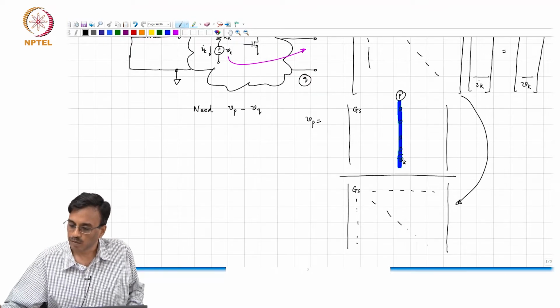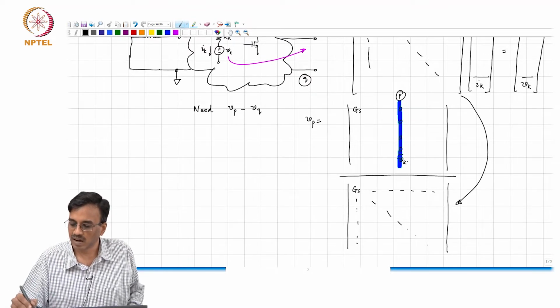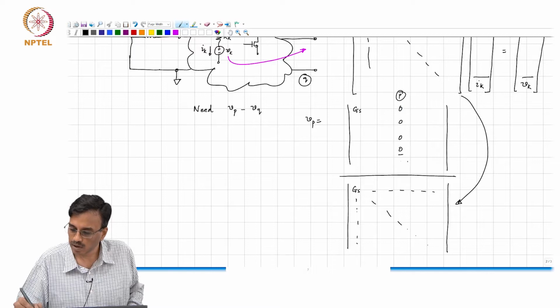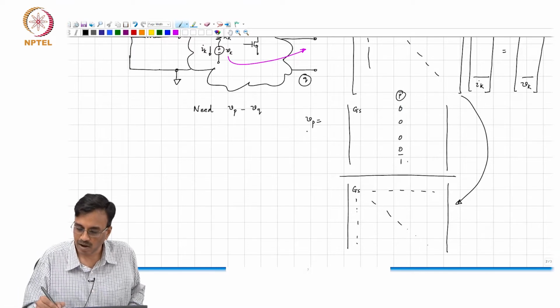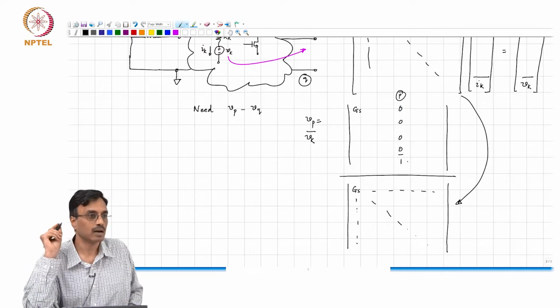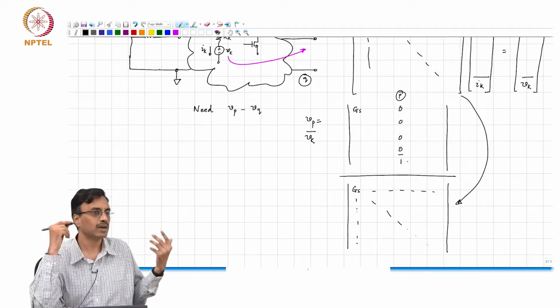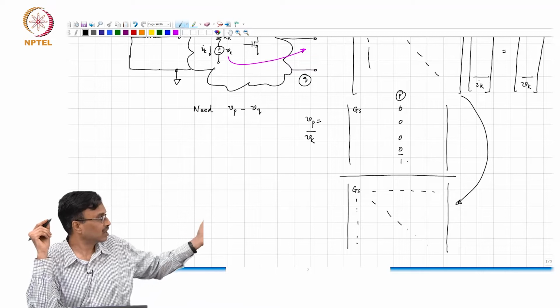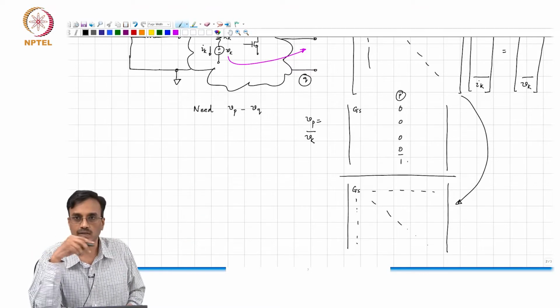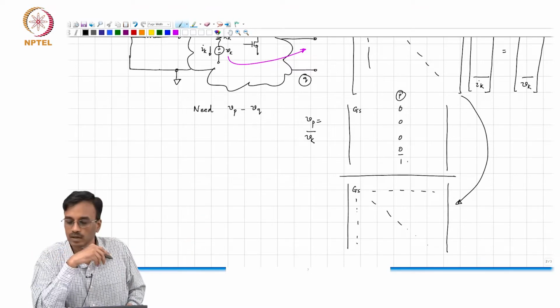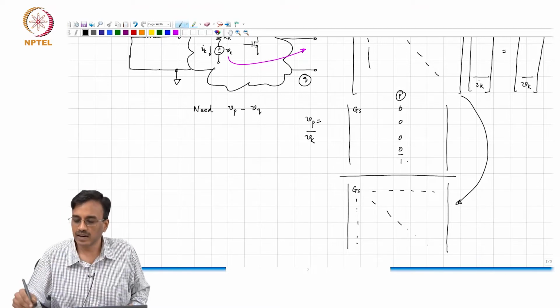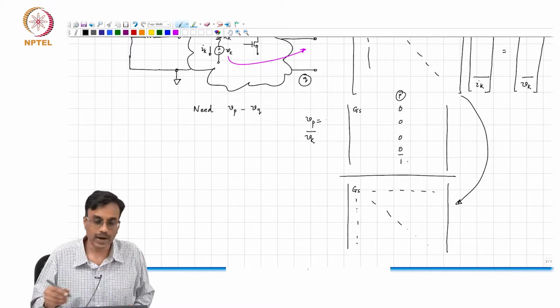So, of course, this basically means that you can take Vk out as common and therefore, you have Vp over Vk, which is the transfer function we are after, as the ratio of determinants, which is like this, right. So, if you expand the determinant, what comment can you make about the numerator?